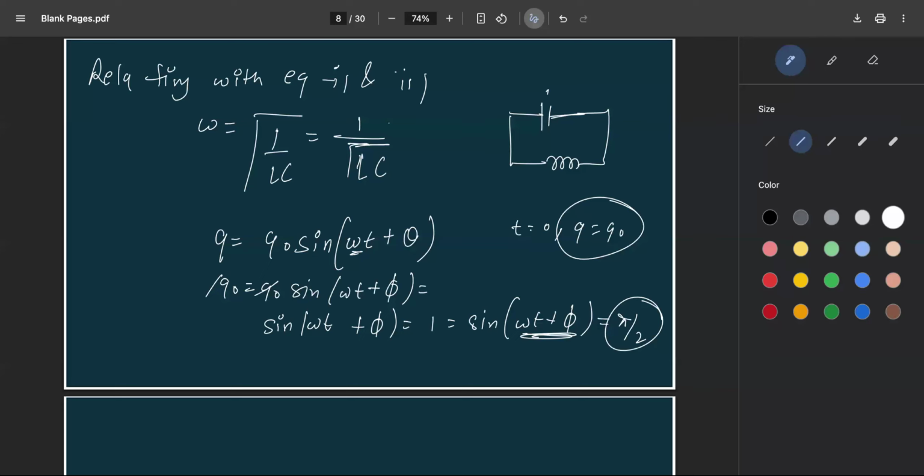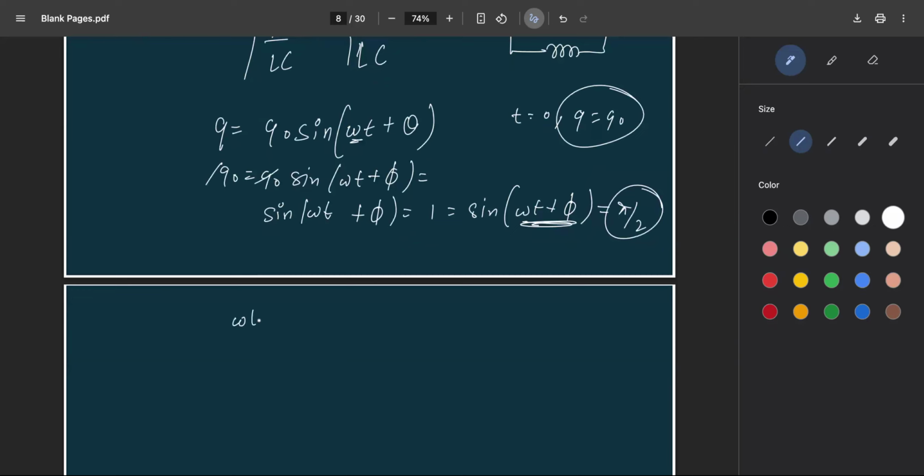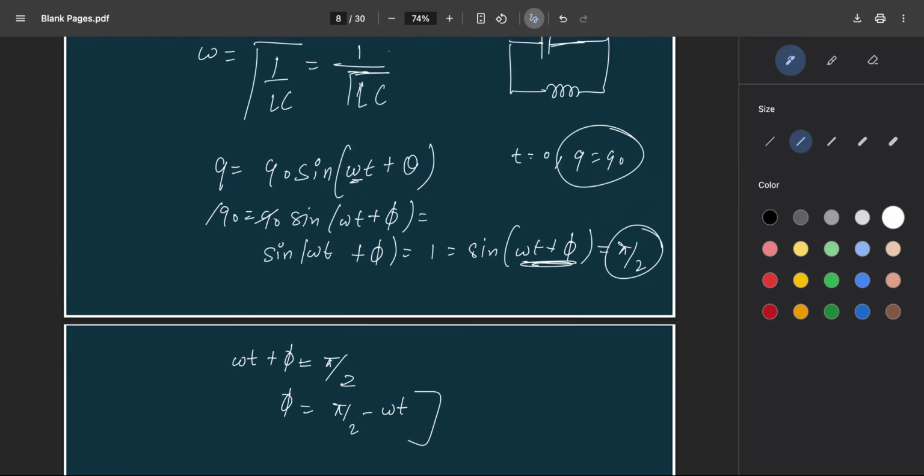So omega t plus phi equals pi by 2, and this phi comes out as pi by 2 minus omega t. This way you can rewrite it. I suggest you do this.